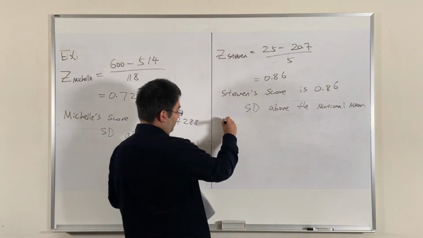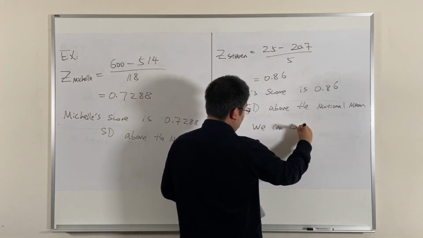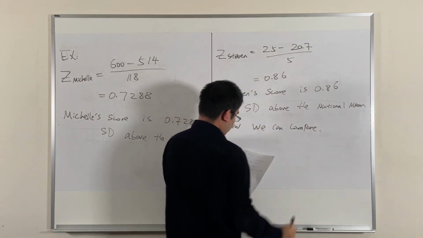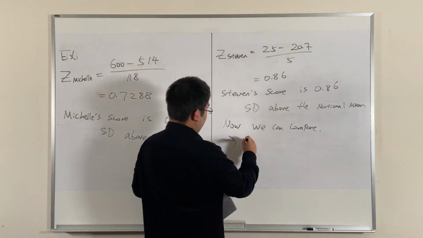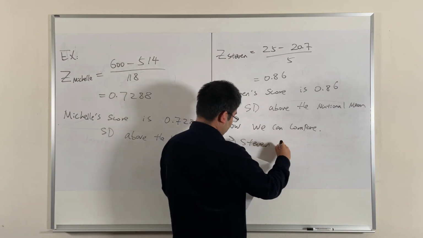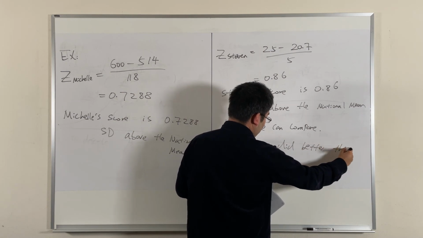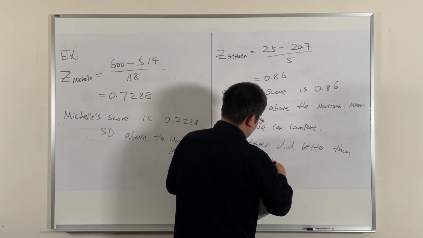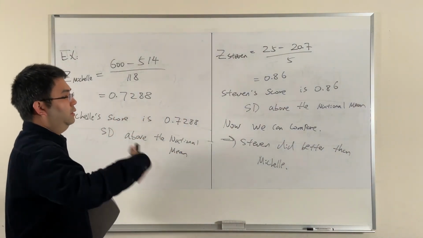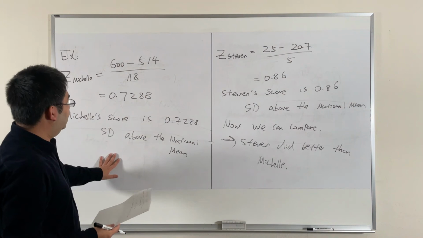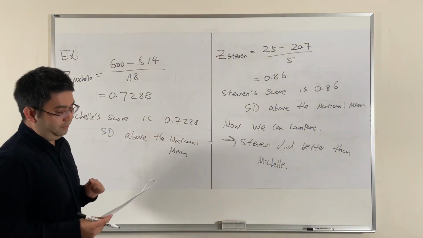So now we can compare, and the conclusion we got from here is Steven did better than Michelle, right? It's only because Steven is 0.86 standard deviation above the mean, and Michelle is only 0.7288 standard deviation above the mean.